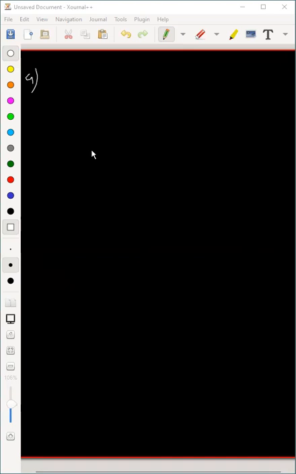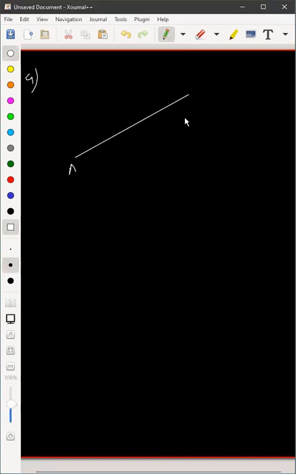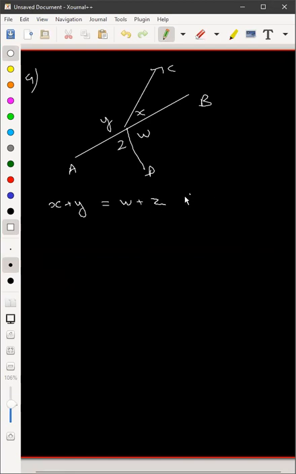So we are given A, B, we are given D, and we are given C. This is X, Y, Z, and W. We are given that X plus Y is equal to W plus Z. We have to prove AOB, this is O here, is a line.